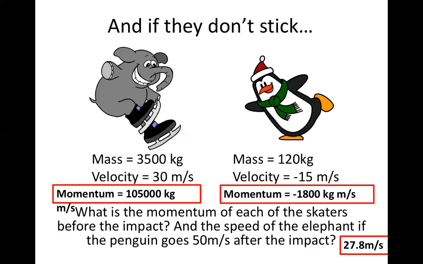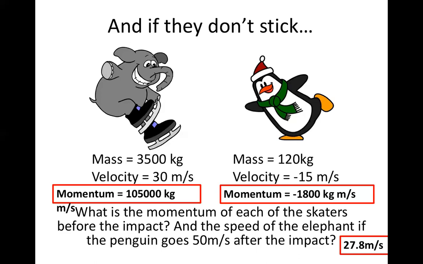I have the speed of the elephant if the penguin goes 50 meters per second after the impact. So I know that the momentum before is equal to the momentum after.